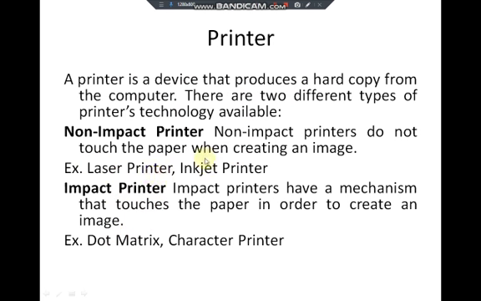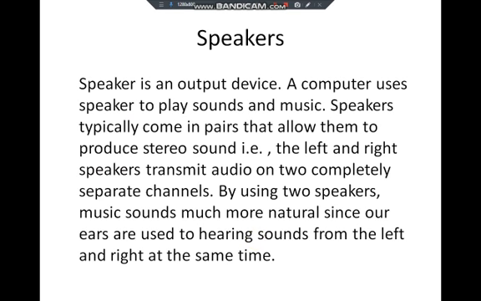Speakers, you know very well, are used to produce sound. Sound and music typically come in a pair, stereophone, left and right speakers. I am skipping this topic because we are very familiar with the speaker.